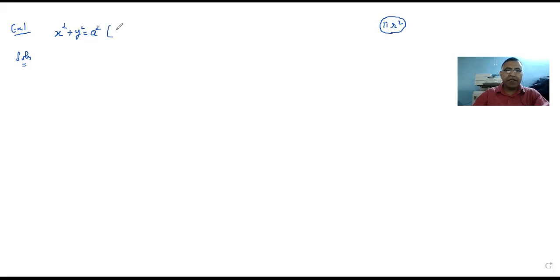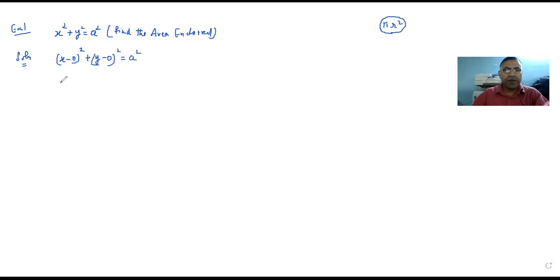He's saying find the area enclosed. So in grade 11 we did equation of circle in three-dimensional geometry. So can I write (x minus 0) square plus (y minus 0) square is equal to a square?